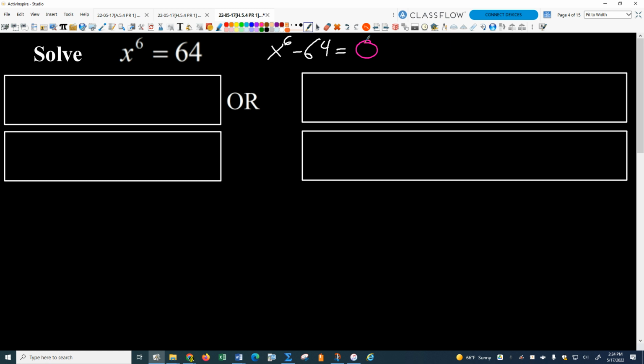Now I got a binomial on the left side, so I've got to try to factor that using my patterns. Okay, so which pattern could I use there? X to the 6th minus 64. I've got a minus, so it's going to be a difference pattern. Could I write that as a difference of squares or a difference of cubes? Or what do you think?